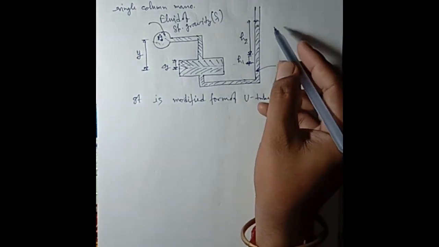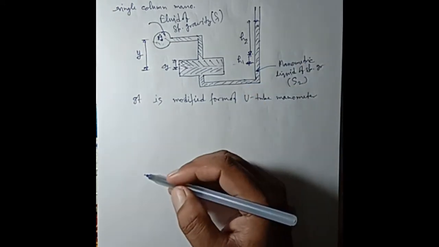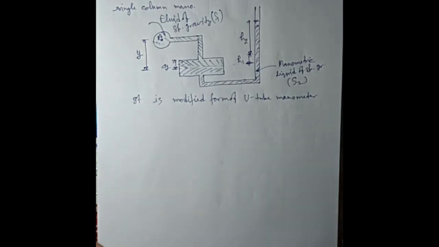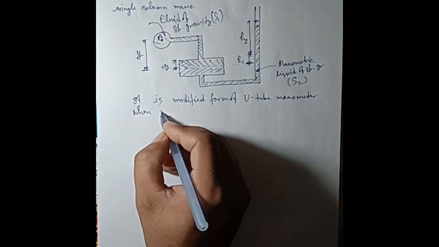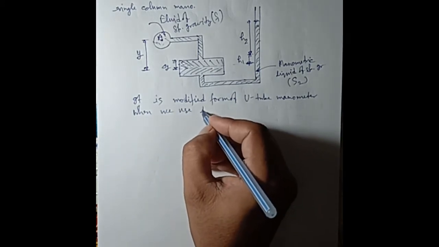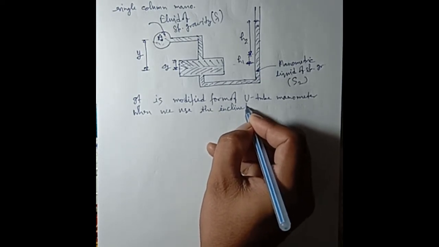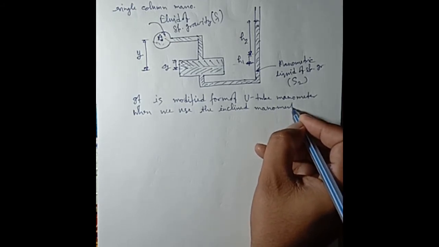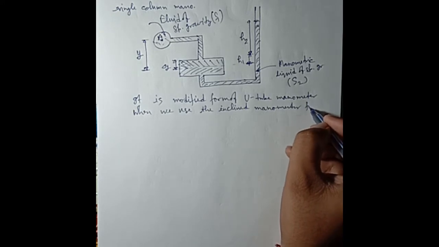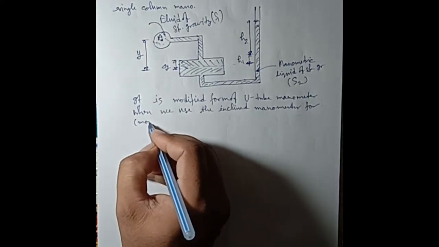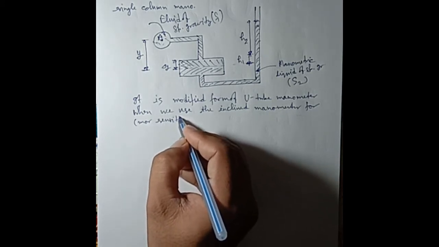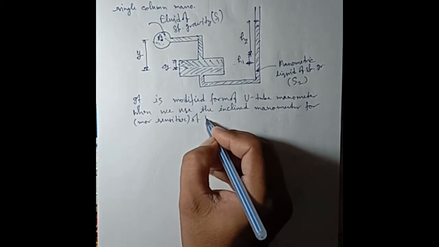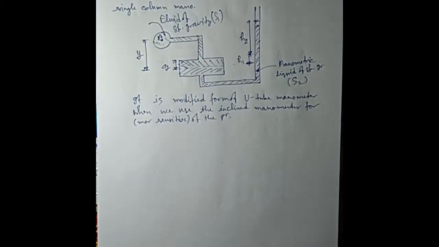The inclined type is used for the measurement of small pressure, as it is more sensitive. Now small expressions are developed.